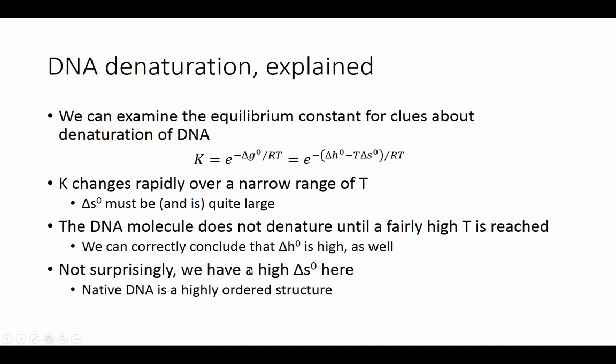Not surprisingly, we have a high delta S here because native DNA is a highly ordered structure. So with a high delta H and a high delta S, we can justify the rapid change in equilibrium at that melting temperature, Tm.